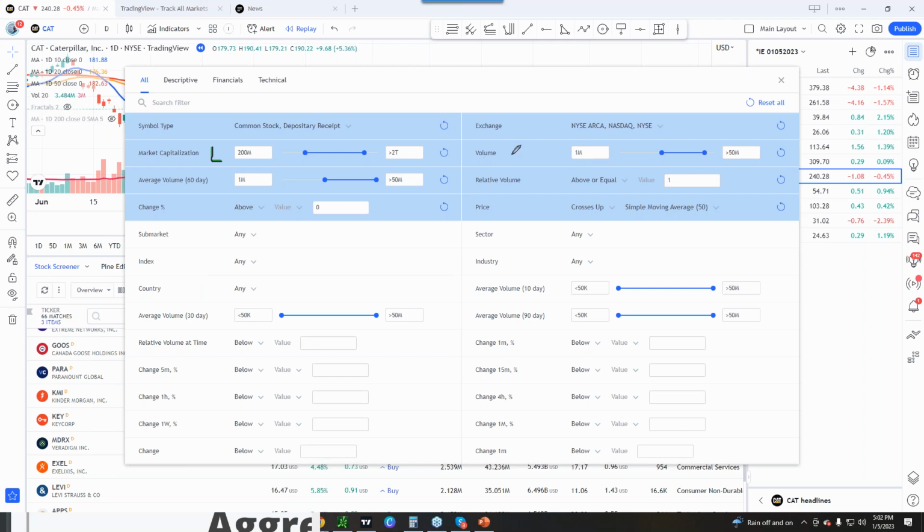Volume. This is the number of shares today. I'm only messing around with 1 million shares or more. That's also liquidity. Average volume over 60 days. If this is today's volume, this is a history of daily volume, above 1 million. Once again, liquidity. I always want to focus on stocks that are symmetrical, that have good historical trading activity, so it can run close to pattern.